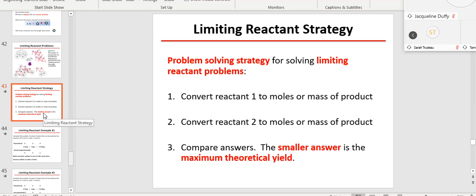All those previous stoichiometry questions, I was asking for one bit of information, whether it be mole or gram or whatever, and I was giving you only one bit of information. Maybe it was mole, maybe it was mass, maybe it was number of molecules, but that's it. So if I'm asking for one bit of information and I only give you one bit of information, you're only going to do one box.